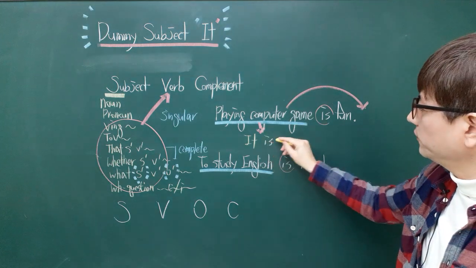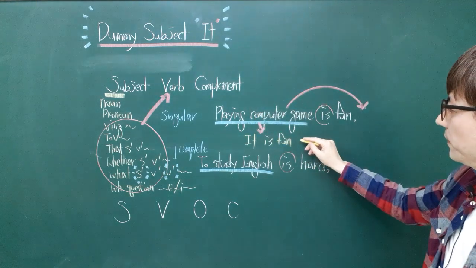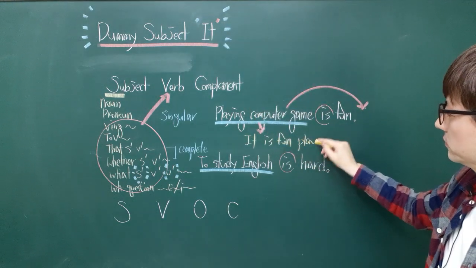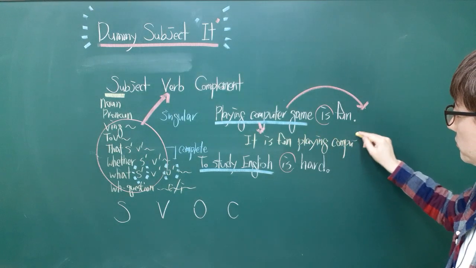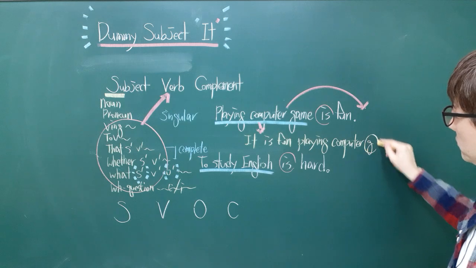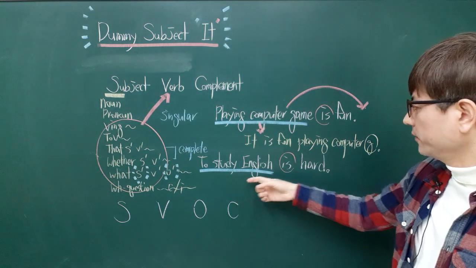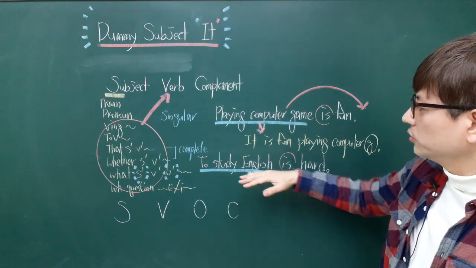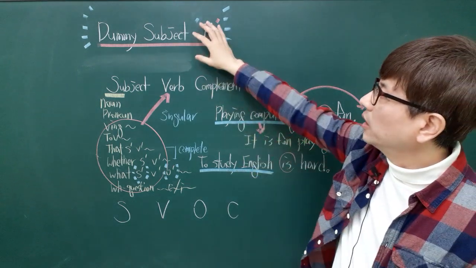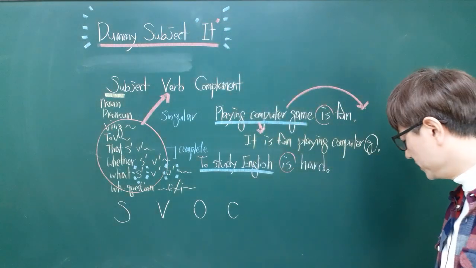So it is fun to play computer game, like this. The same is true for the next sentence. When the subject is long, you can replace it with the dummy subject it, sending the real subject to the end of the sentence.